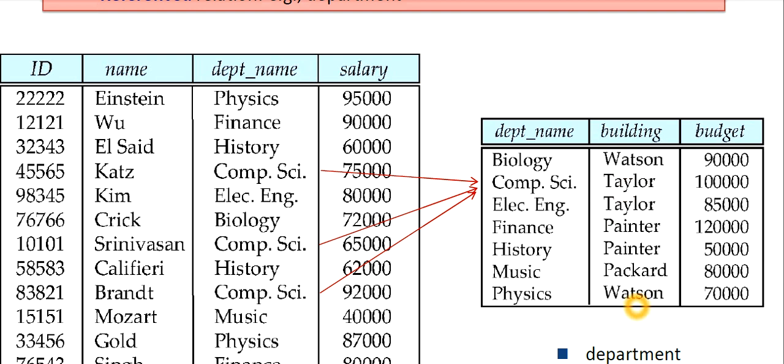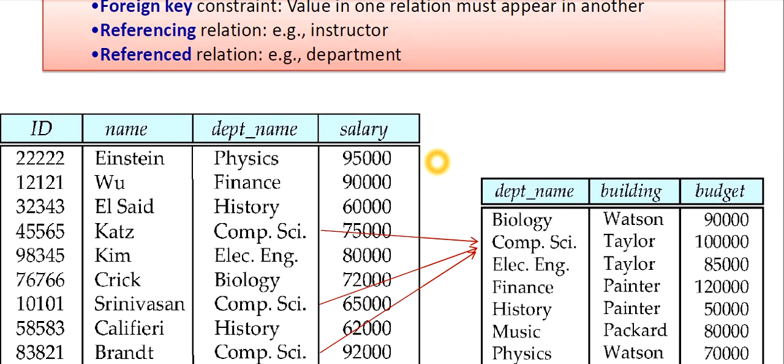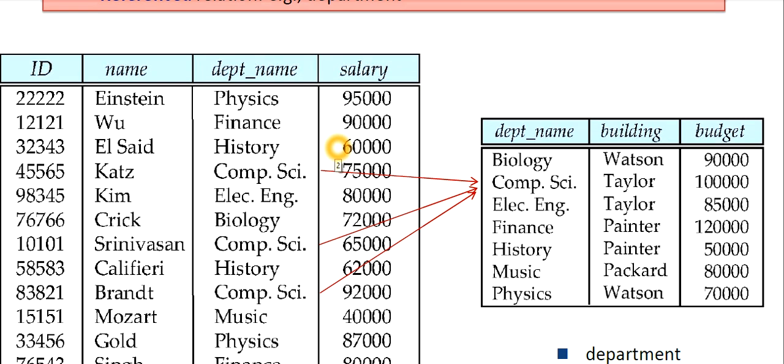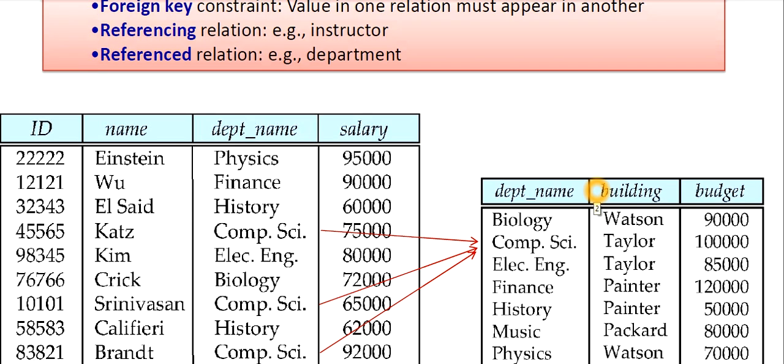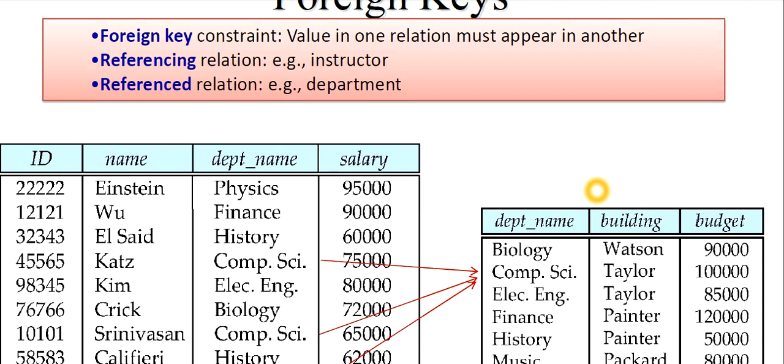So don't get confused about what the foreign key will be in our case: it is the referencing table's attribute. That is the foreign key, because department name here is the primary key in our reference relation. I hope this concept is very clear.